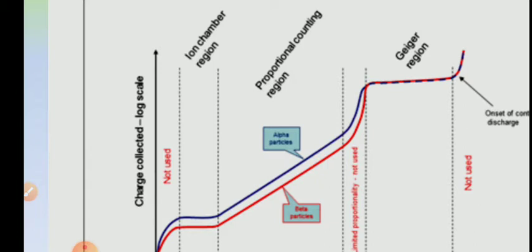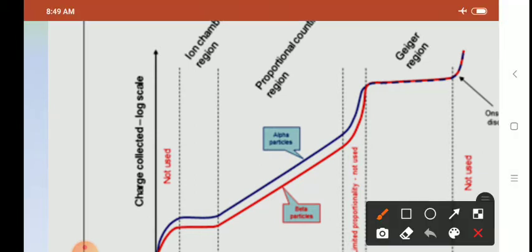Initially you can see a plateau when the current obtained is plotted against the applied voltage. A region of saturation current shows a long plateau. This is the region where the ionization chamber works.